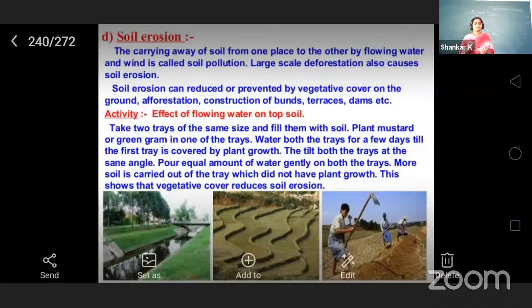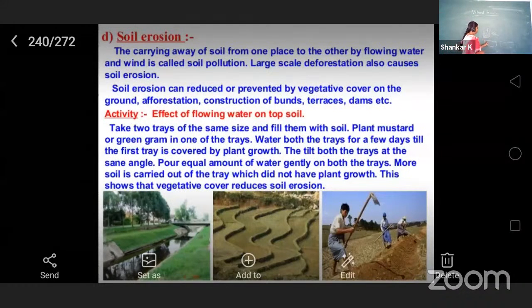Take two trays which can hold soil and water, both of the same size, and fill them with soil, and plant mustard or green gram in one of the trays.